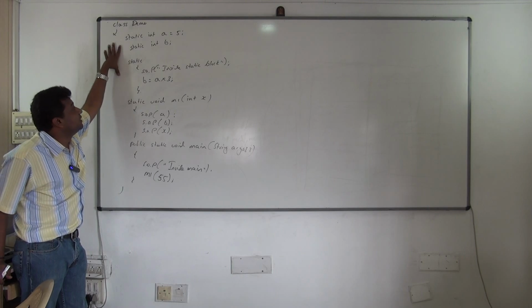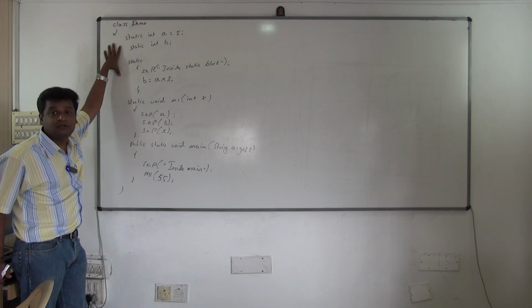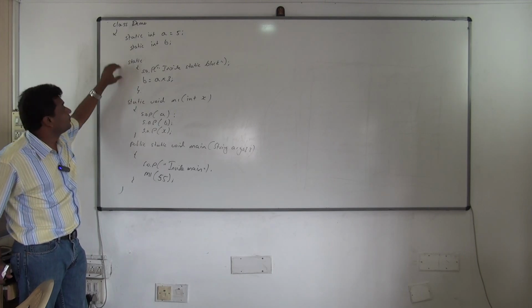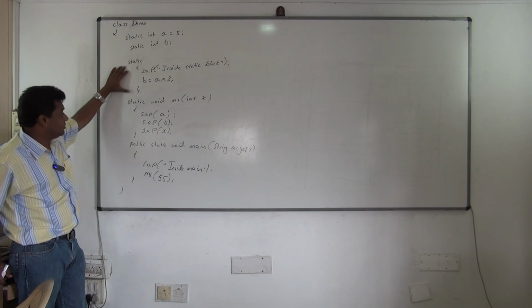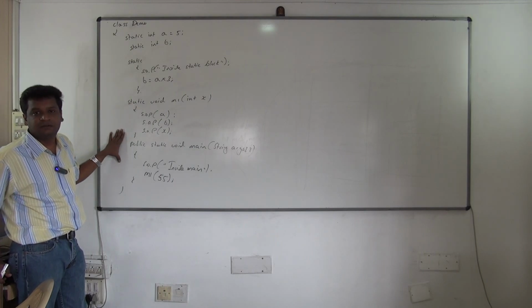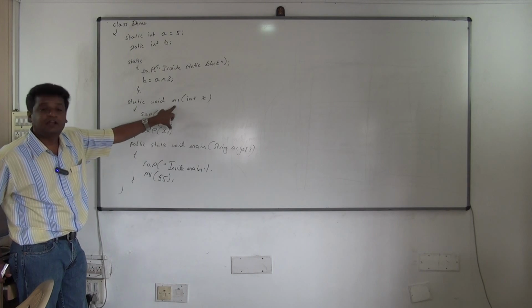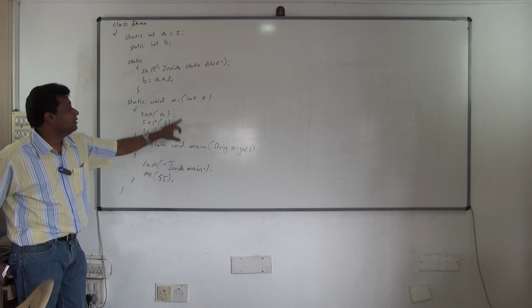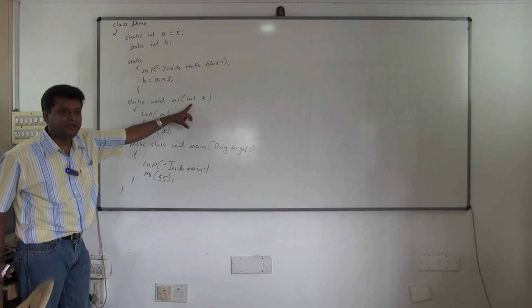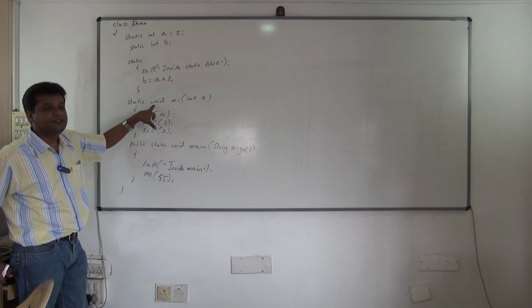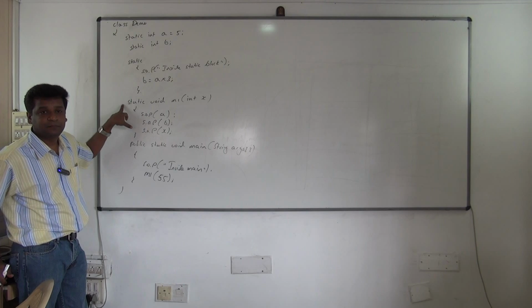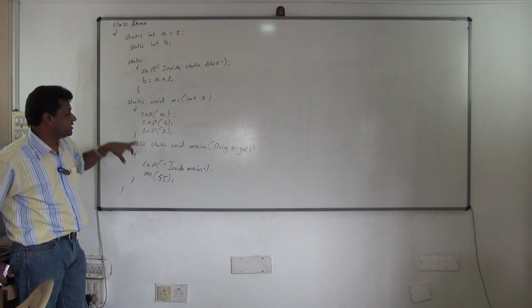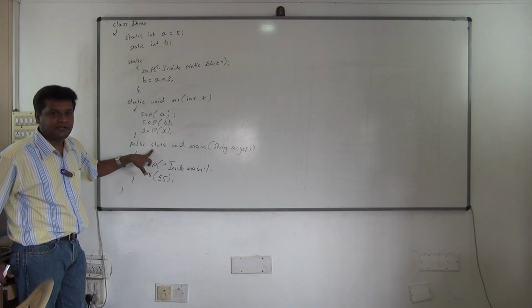So A and B are two static variables of type int. There is a static block. There are two methods: one method name is M1, another method name is main. M1 is having a parameter of type int. The return type of M1 is void and it is static. The main is also static.